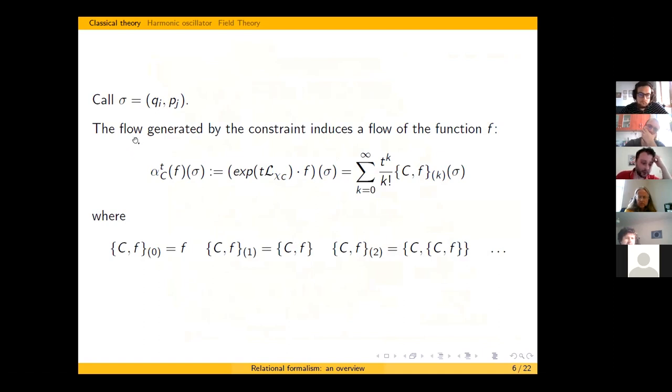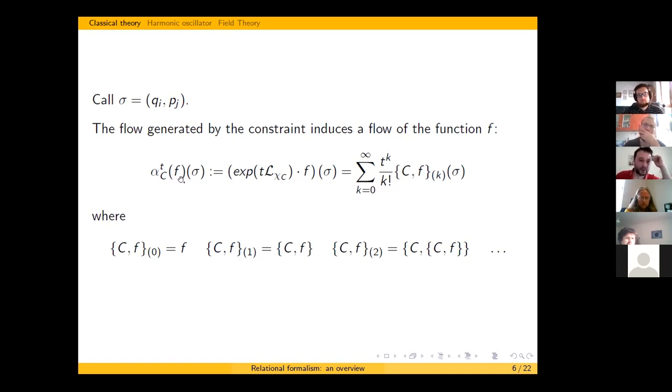Now the flow generated by the constraint, of course, induces a flow of the function, because any function f, which I remind you is a partial observable, namely just a smooth phase space function, takes a point in the phase space and maps it to a so-called target space, which generally is Rn, or just some submanifold of Rn. And so this flow on the phase space induces a flow also in the target space.